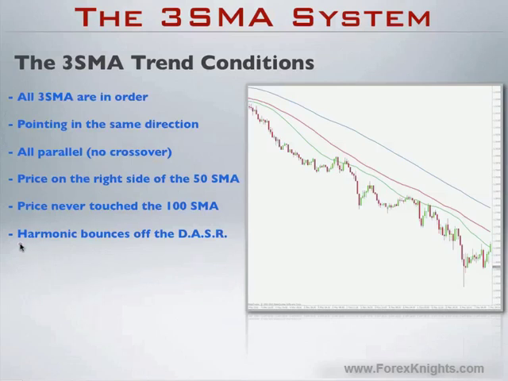We want to see harmonic bounces of what I call dynamic area of support and resistance. Now, this 6th condition is a little bit more complicated to understand, a little bit more complex, so to speak. I believe all the first 5 conditions are pretty straightforward, pretty easy to understand.